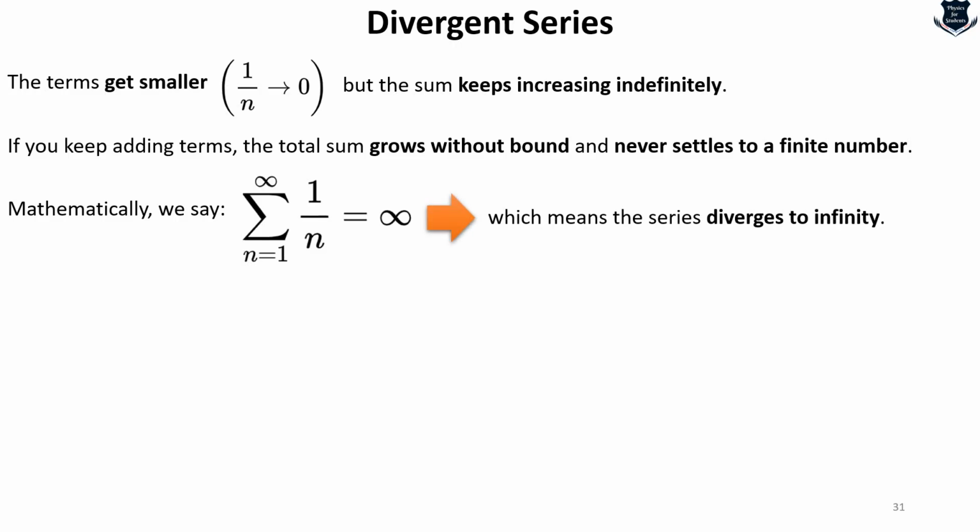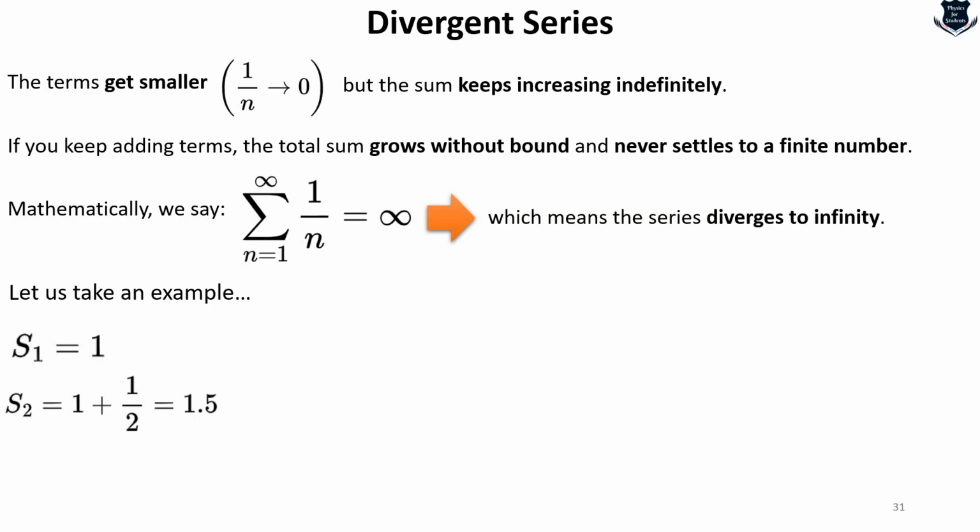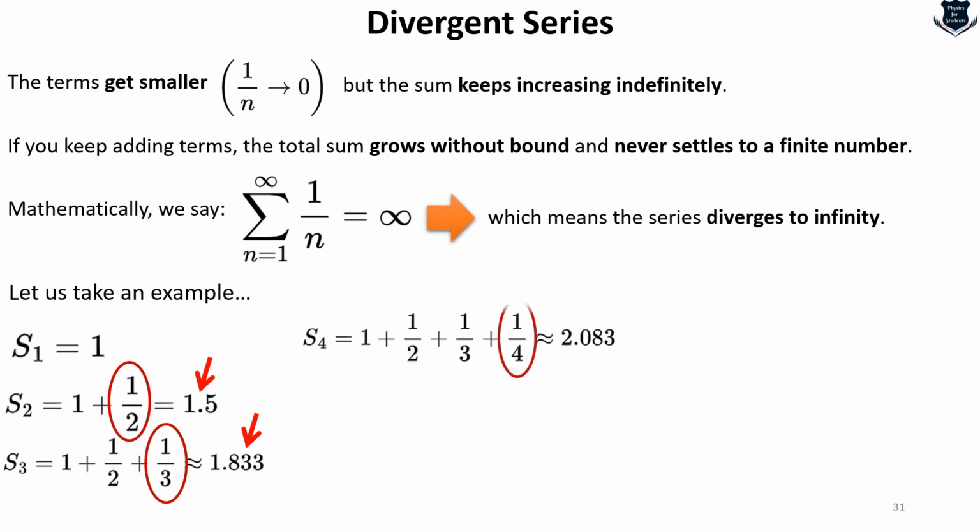Now let us take an example and see what we are trying to show. Suppose we add a few terms. S1 equals 1, S2 equals 1 plus 1 half, which is 1.5. Okay, next 1 upon 3, and the sum goes to close to 1.833. Then 1 upon 4.